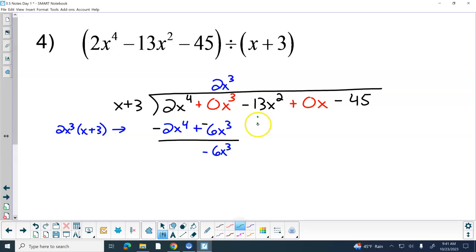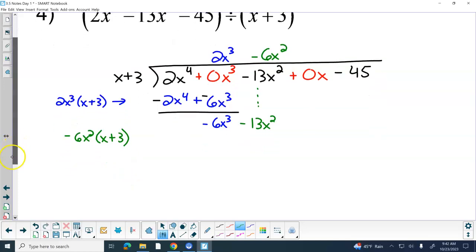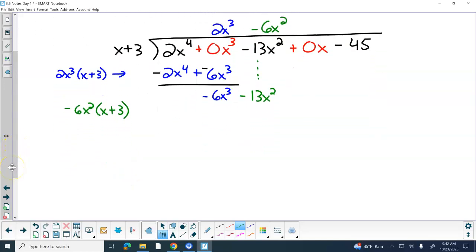Drop. Negative 6x squared. Negative 6x cubed minus 18x squared.